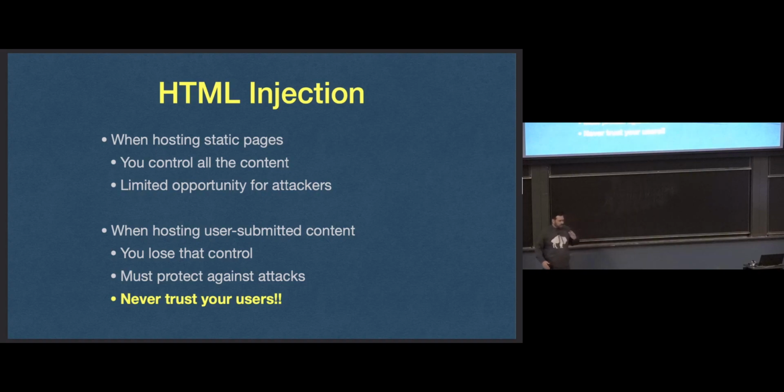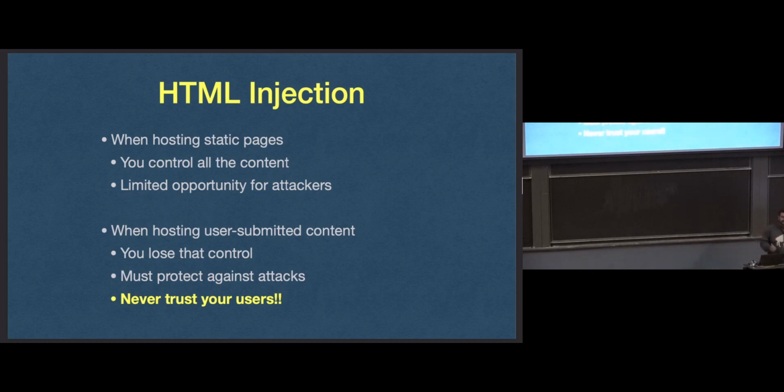Now that we're handling user-supplied information, we're taking information from any user and displaying it to all users. So if one user can get an attack in that's going to compromise any other user or every other user, we need to be concerned about that.